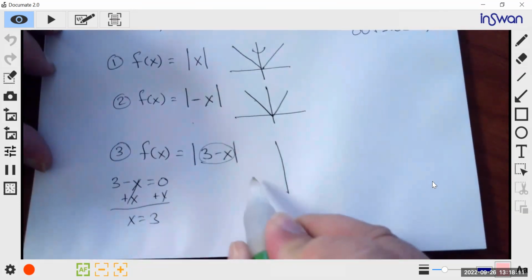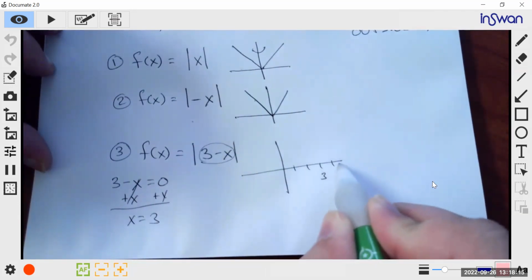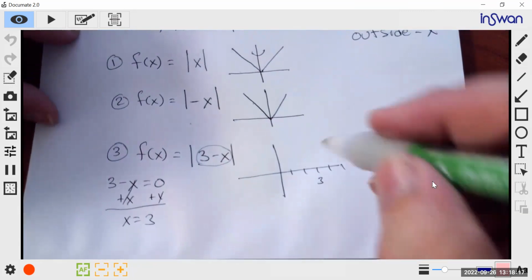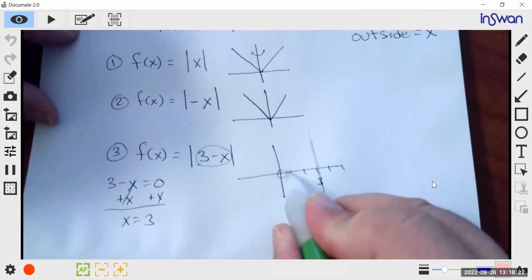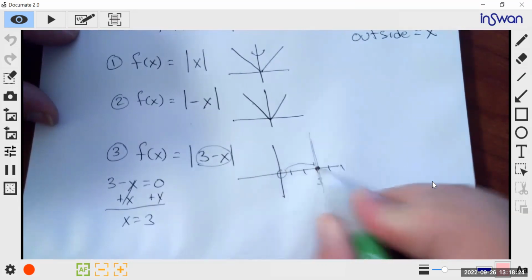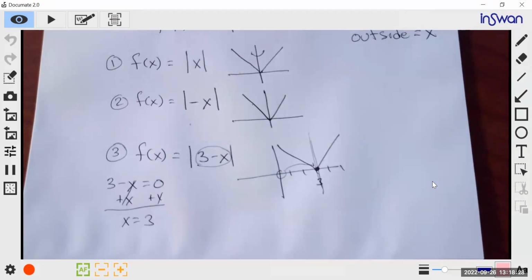It shifts to the right, 1, 2, 3 spaces. In other words, there's my new origin. It moved from here to here. The graph still looks the same, but it now starts over there at 3. It happens inside, so it's a horizontal shift.